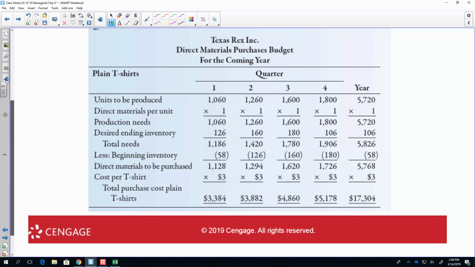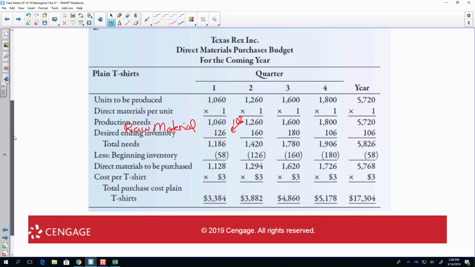So just like our production, our desired ending raw material, so converting now to raw material or direct material inventory, is on the third budget, which is the material purchases budget. So look for that information when completing this third report.